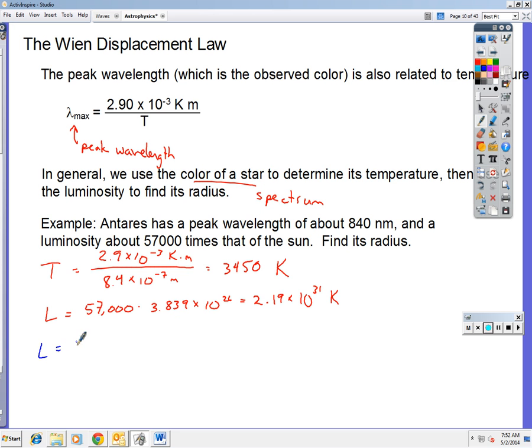L equals sigma times the area, which is 4 pi r squared, times T to the fourth. R equals L over sigma times 4 pi T to the fourth, all under a square root.